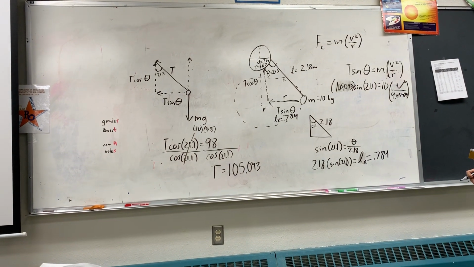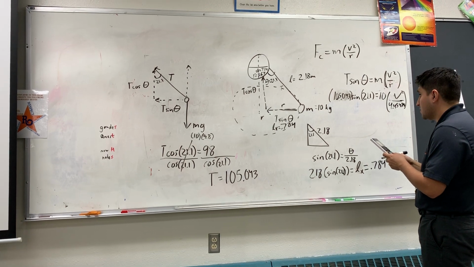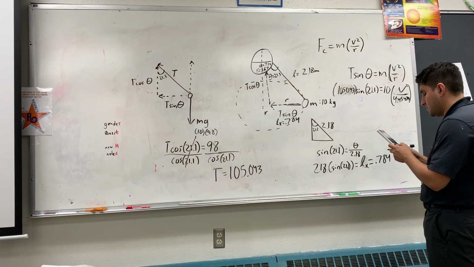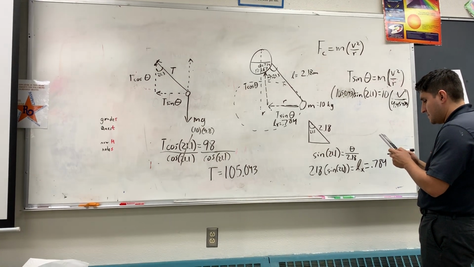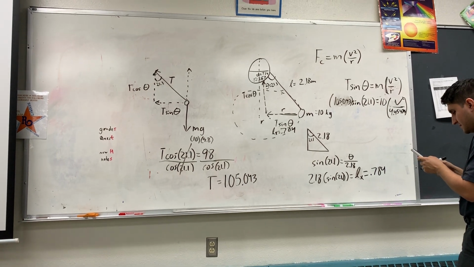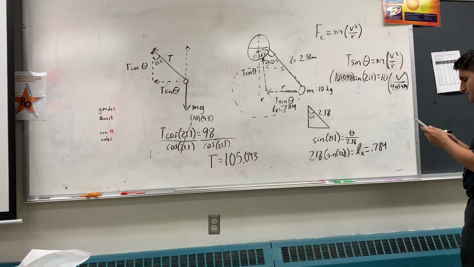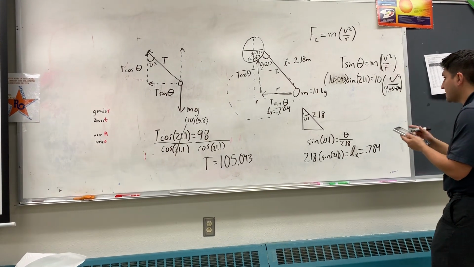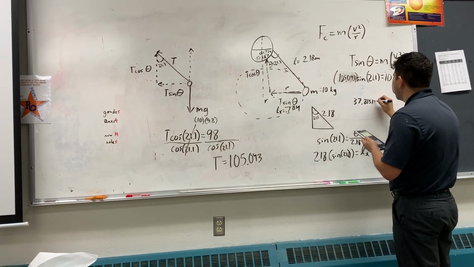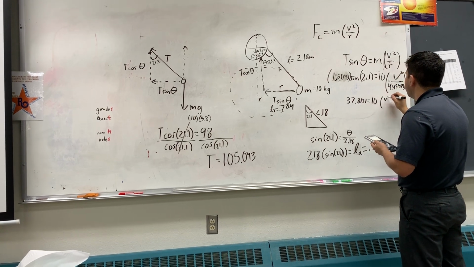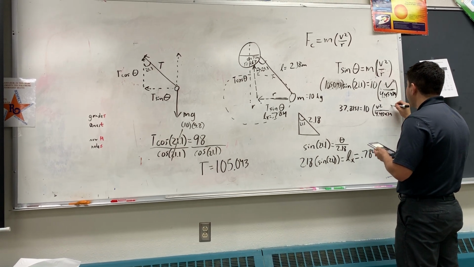And then I do some algebra here. So I'm going to multiply all these together: 105.043 times sine of 21.1. That gives me 37.8151 equals 10 v squared over 4.45479.